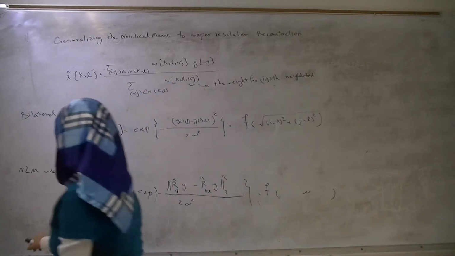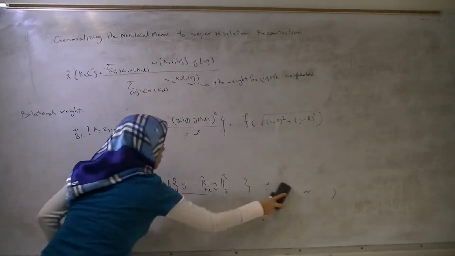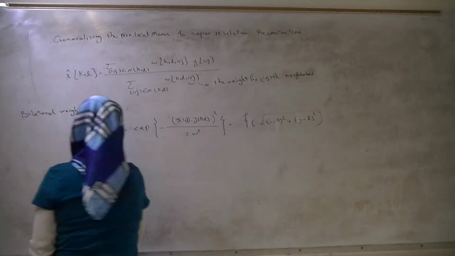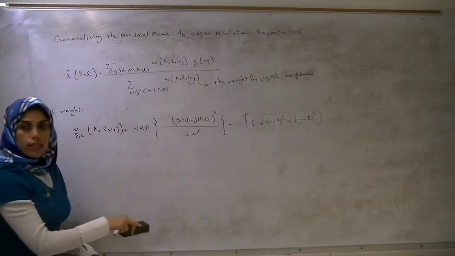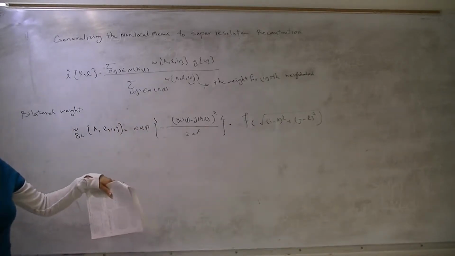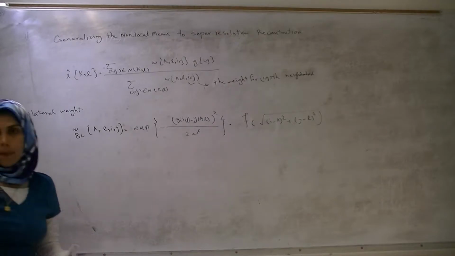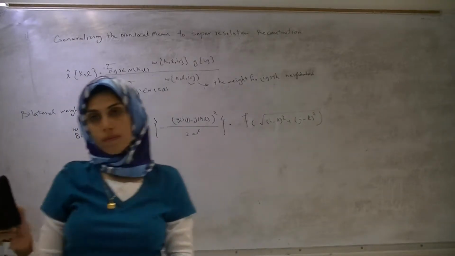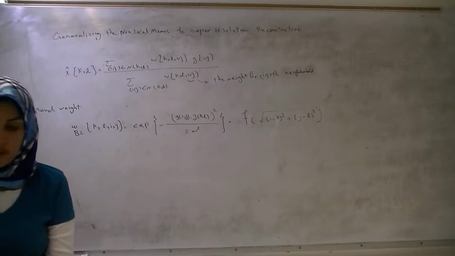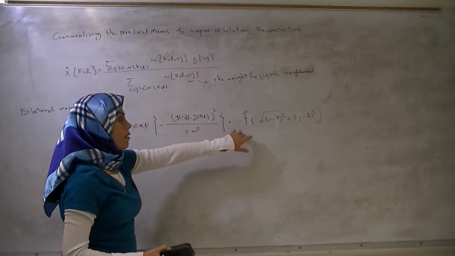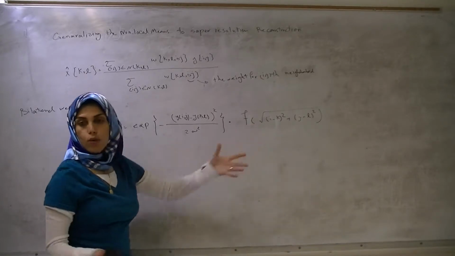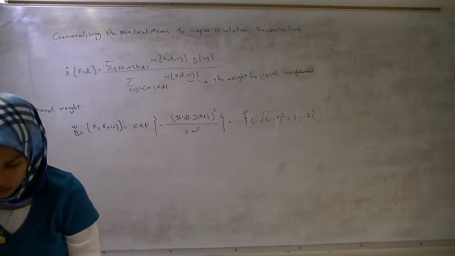For the 98 paper, how did they define the f? They mentioned that f is exactly the same for both of them. The f could be the Gaussian function or a constant.